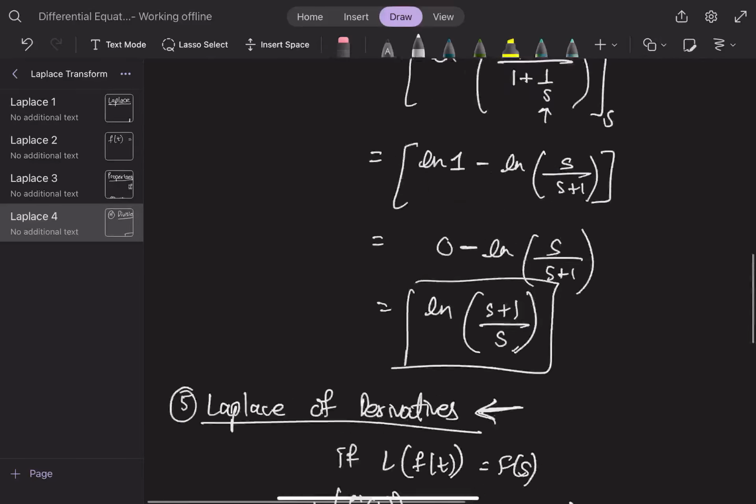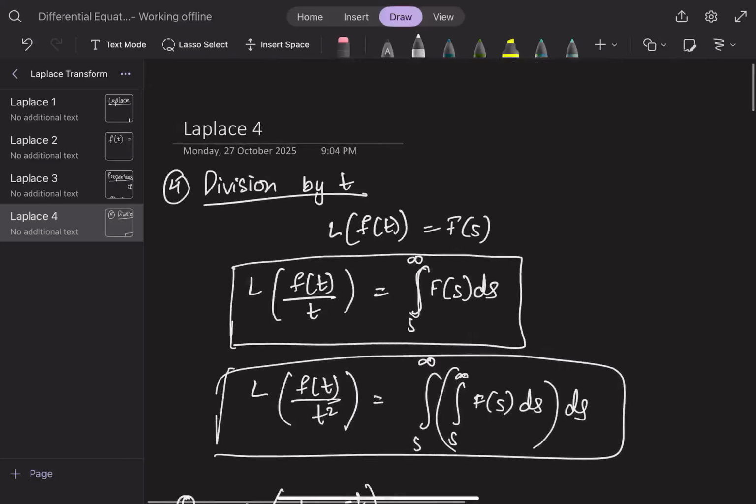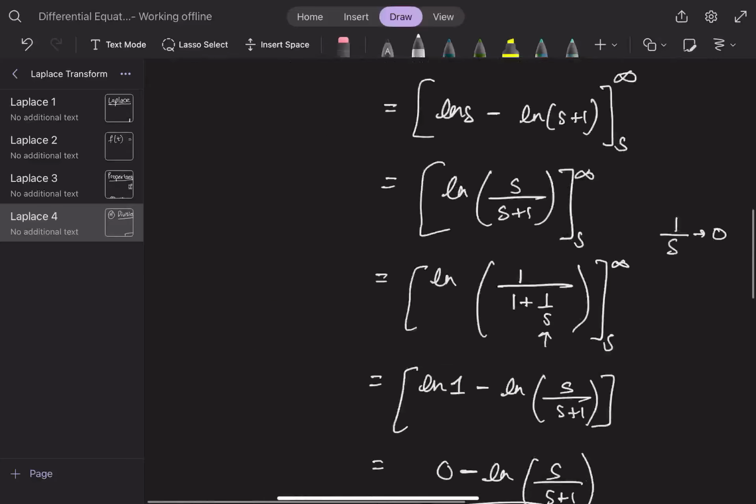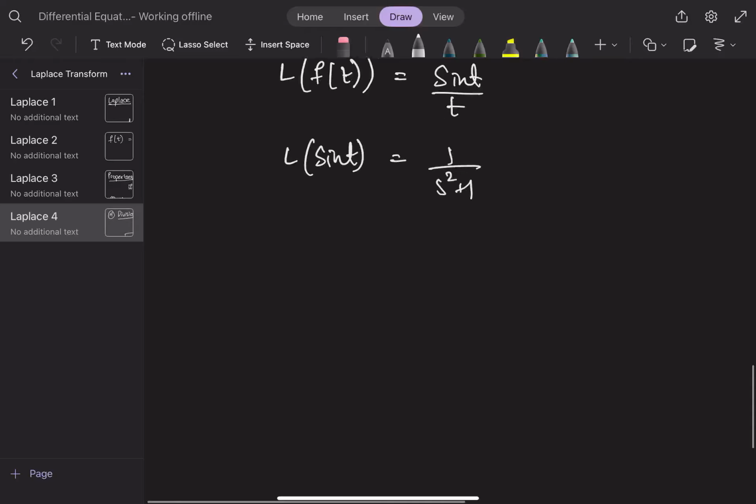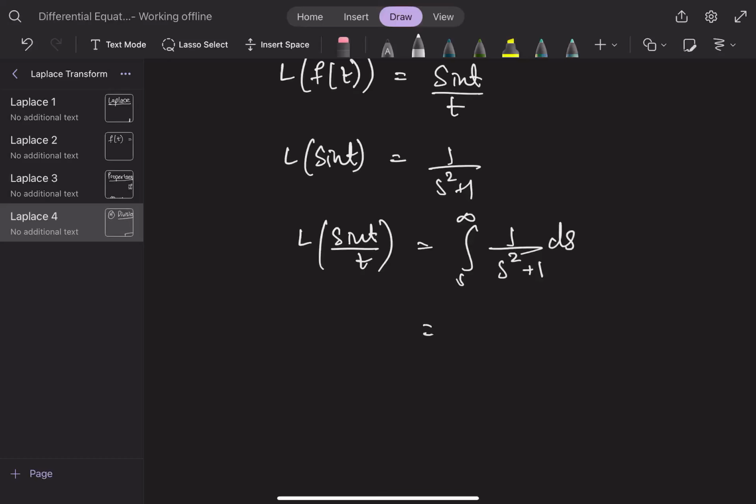So we already did this property, division by t. Let's use this. So Laplace of sine t is 1 upon s square plus 1. So your Laplace of sine t divided by t will be integral s to infinity 1 upon s square plus 1 ds. So as you know, this is tan inverse s.